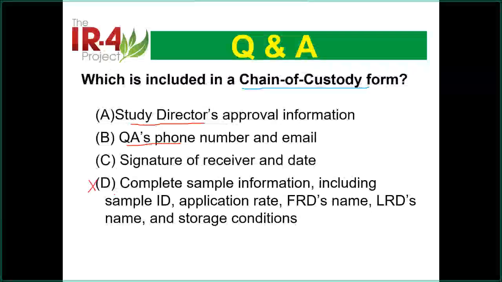You will see it must have a signature of the receiver and a date, what's really going on. And you do not have to have any of these other information actually on the chain of custody form. Why? You do not have to have complete sample information.